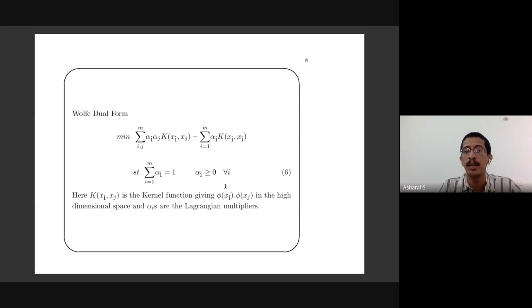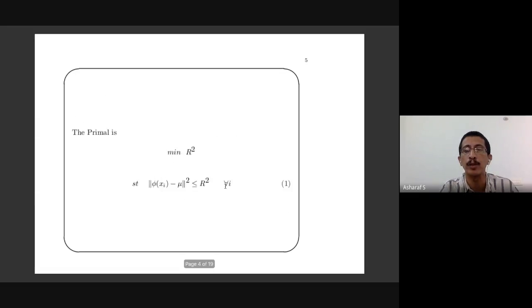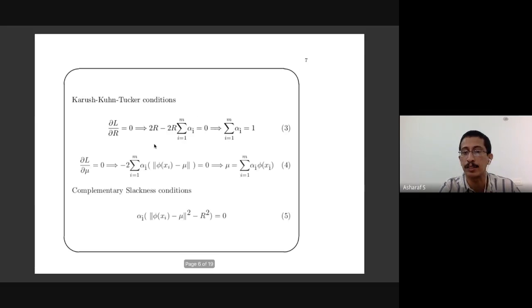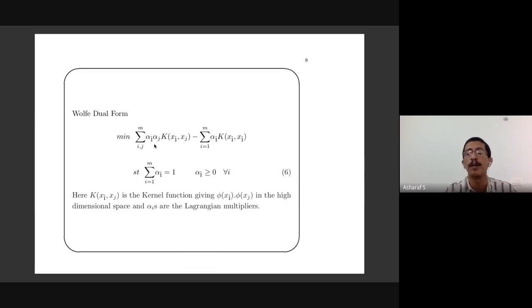Instead of doing the explicit transformation phi of xi to the feature space, you can compute the dot product needed for this MEB computation in the original space itself using kernel functions, and you get a kernelized form of representation. You don't do any explicit transformation, and you get the corresponding computation achieved in the feature space.